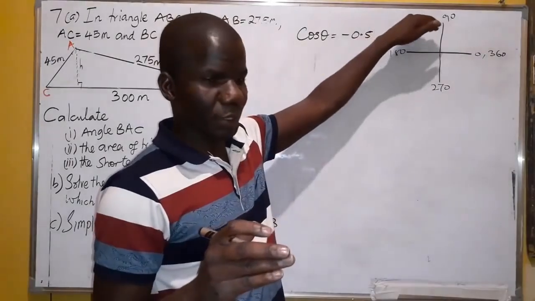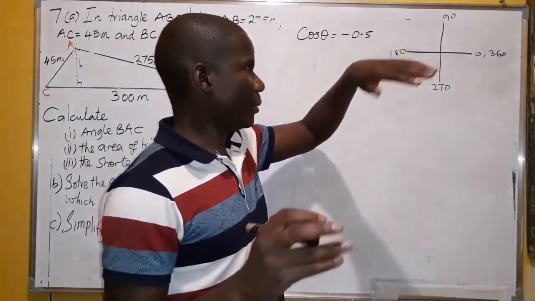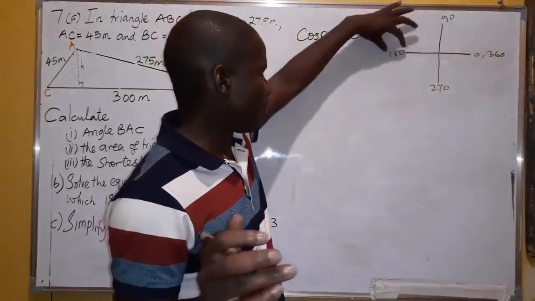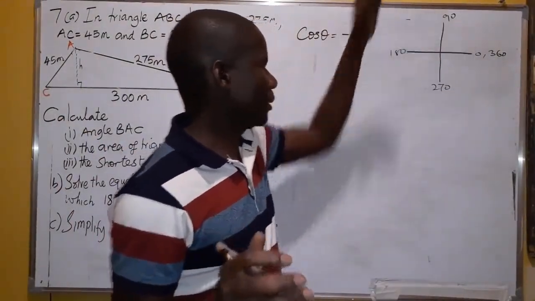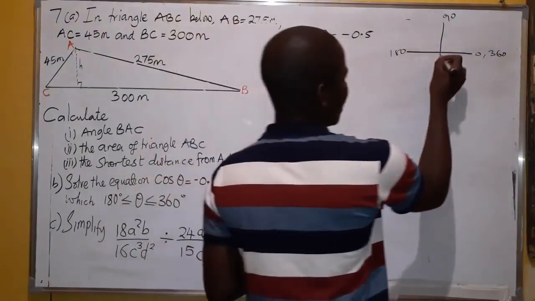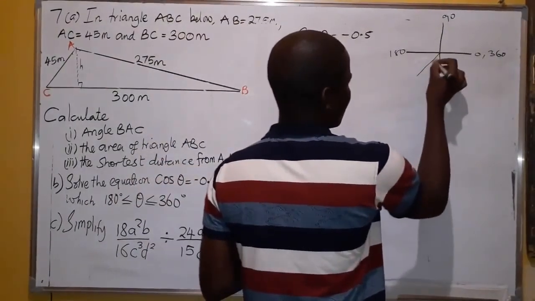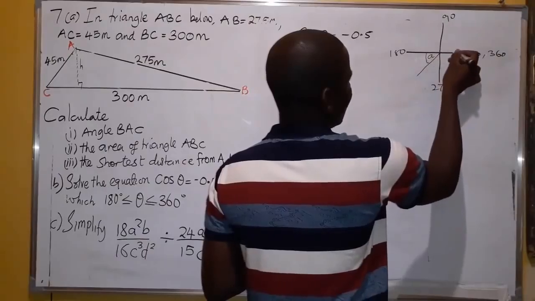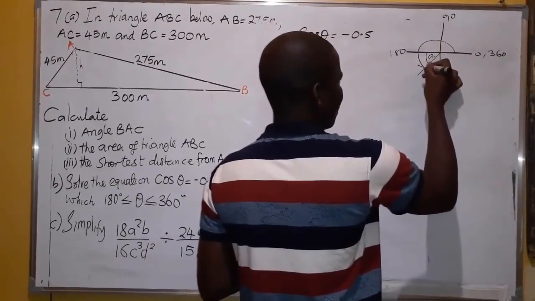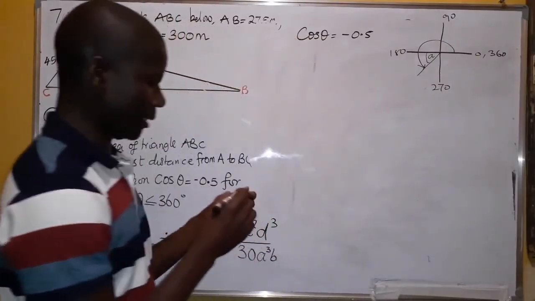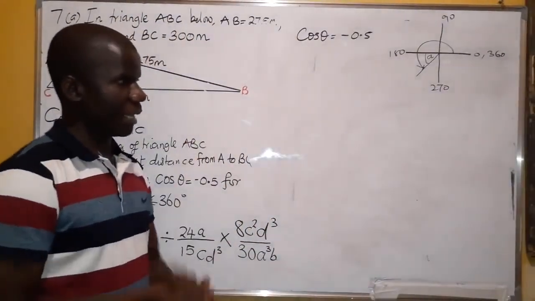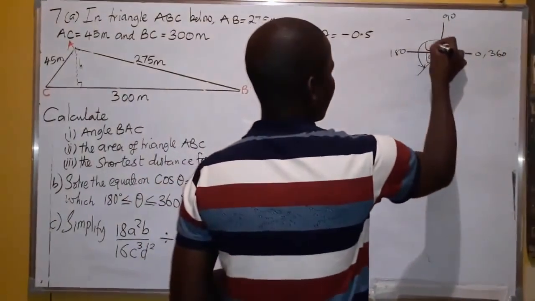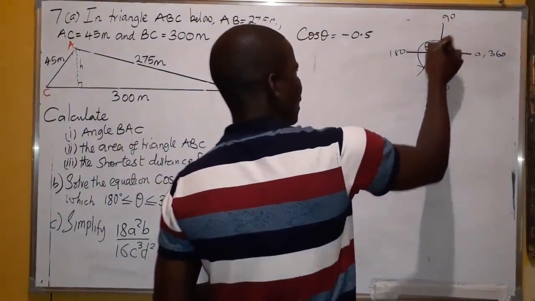The parameters that were given, from this point up to that one, mean this one is not going to be there. So we are actually looking at this point here. Okay, so we need this. That is basically the value of theta. This is theta here, from here up there.